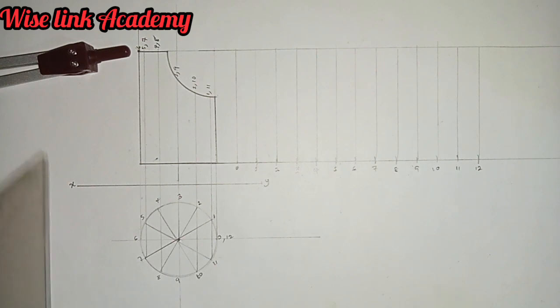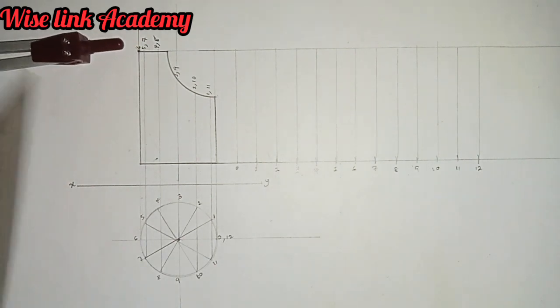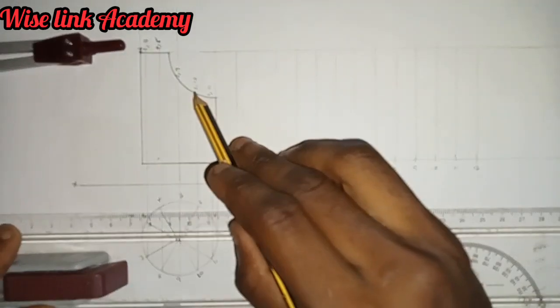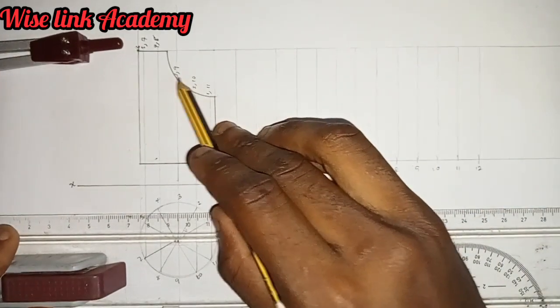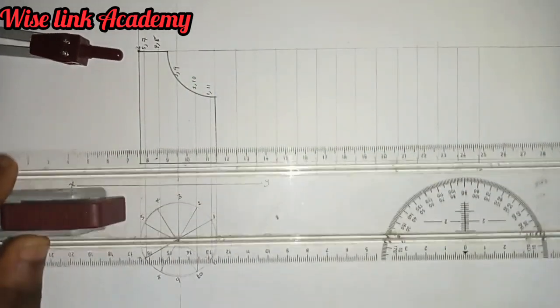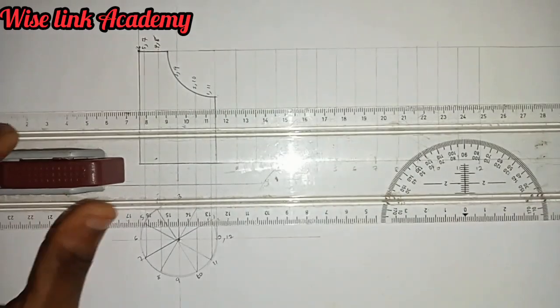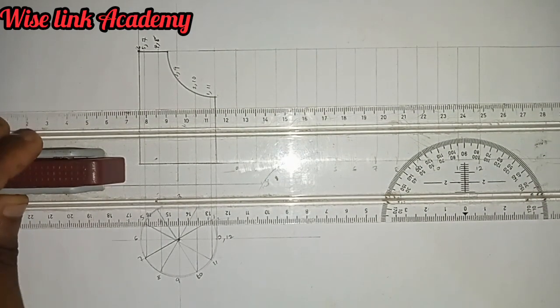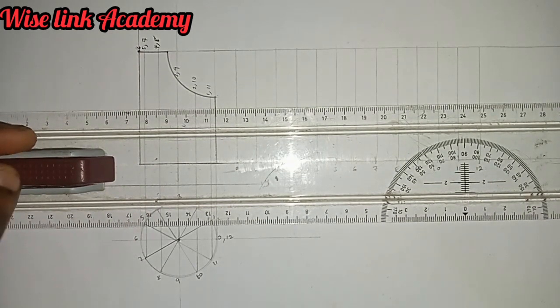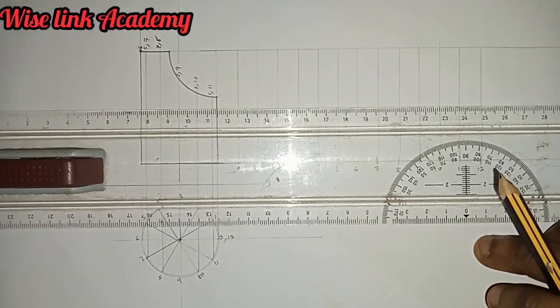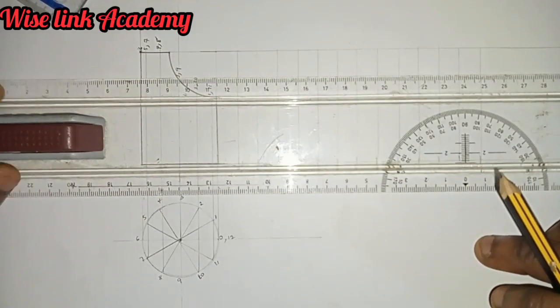So let's do this. The next thing you're going to be doing after this is to what? Establish all these lines from here horizontally. All these points where they are meeting, draw them. Let's do that. Draw this point upward.